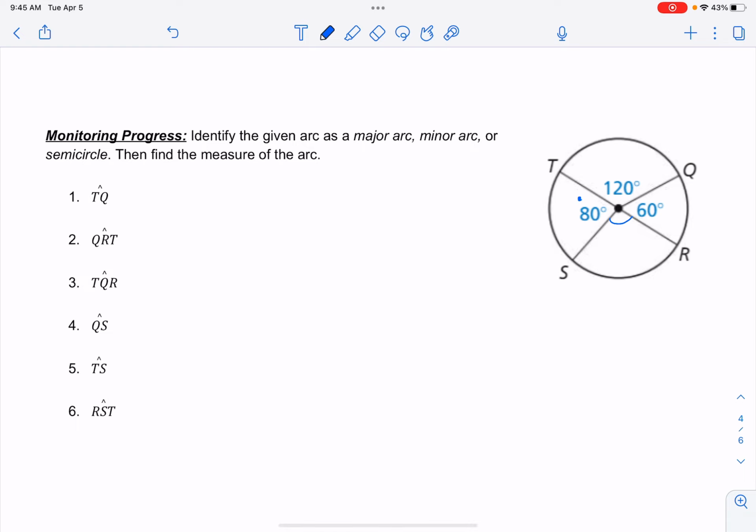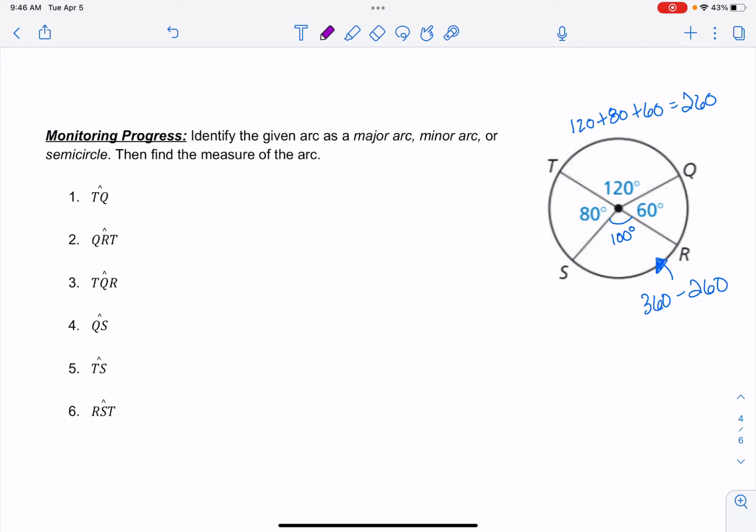So all of these pieces added together give us 260. So 120 plus 80 plus 60 equals 260. So to find this piece, I would just have to do 360 minus 260, and that gives me 100 degrees. So now that I know that piece, it's going to make my life a little bit easier when I go to find these measurements.